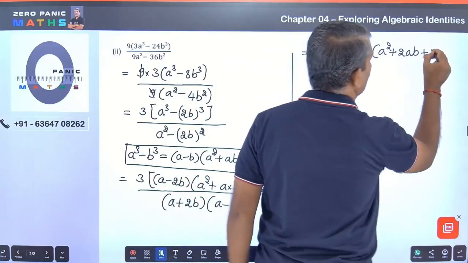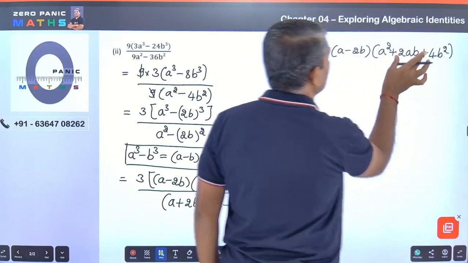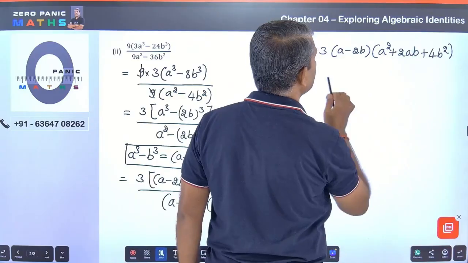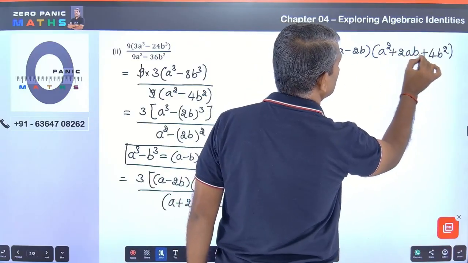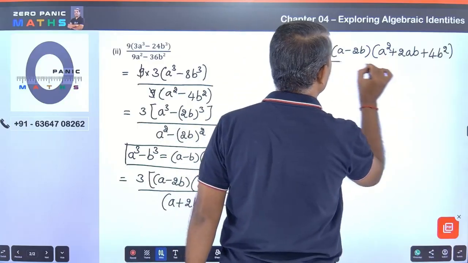If it would have been only b square, we would have written it as a plus b whole square, but it does not fit in here because it is a square plus 2ab plus 4b square. So don't do anything with that, it will be kept as it is.